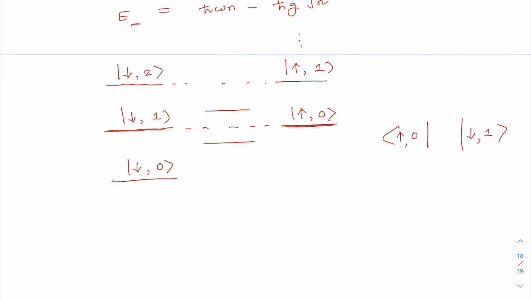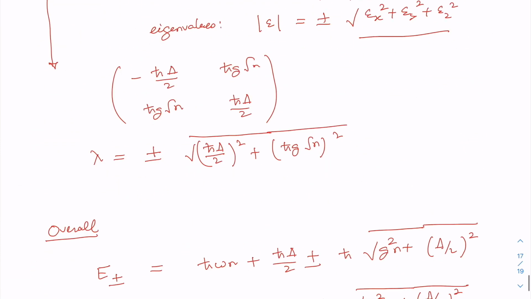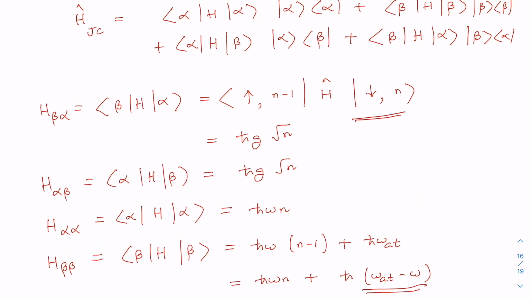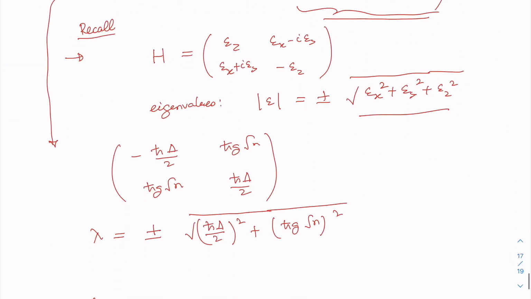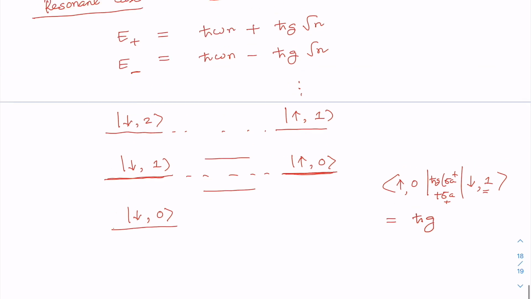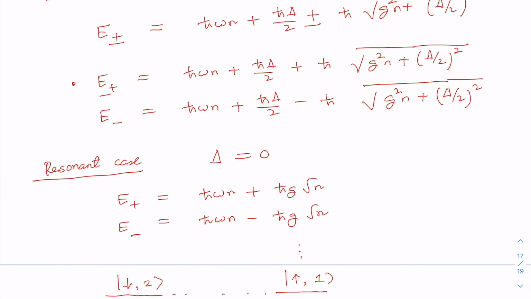This interaction term ħZ I can write as σ A dagger plus σ plus A. If you look at where we worked out the matrix element, n is 1 here, so this would be simply ħZ.